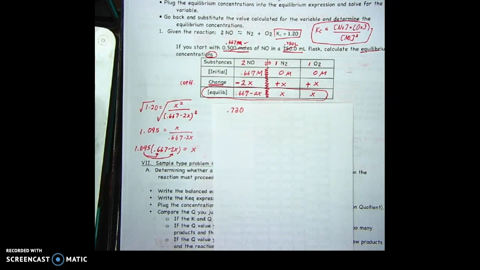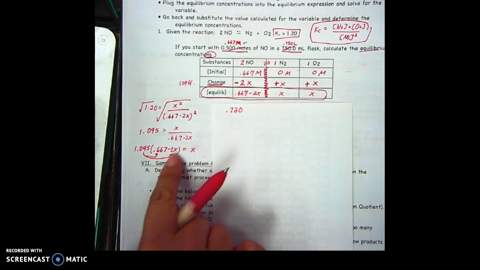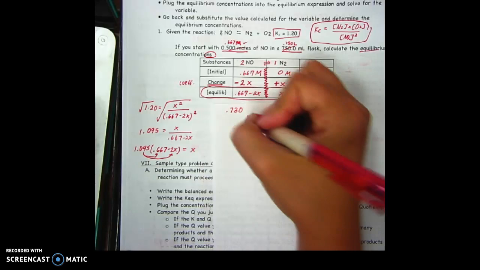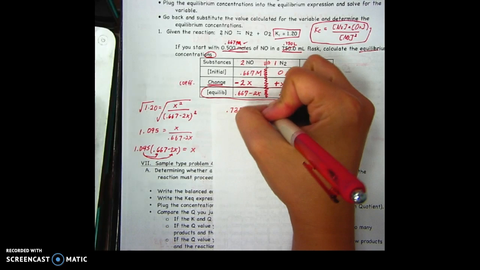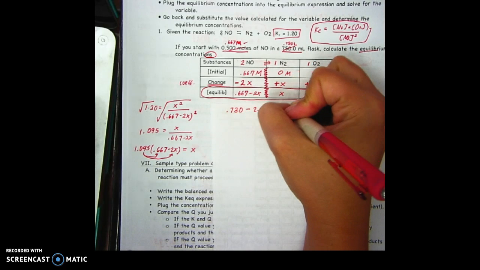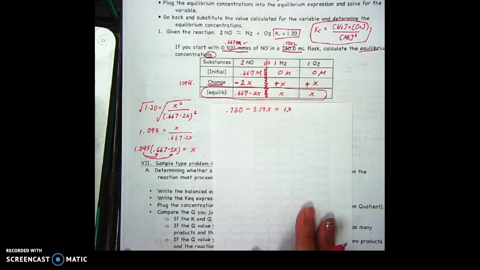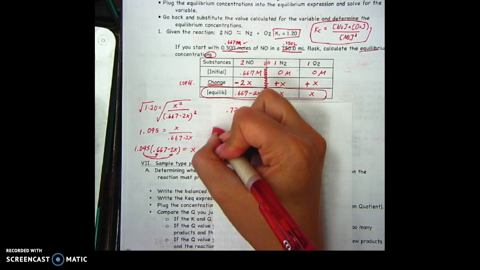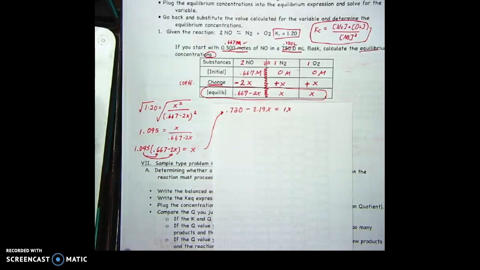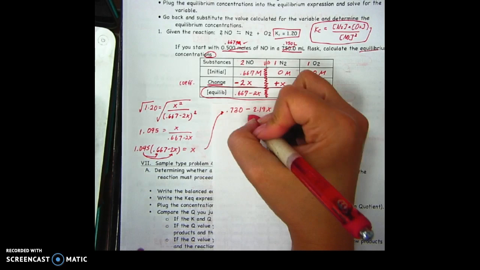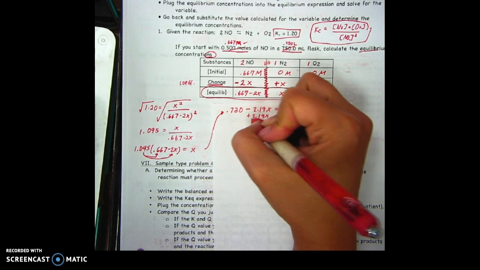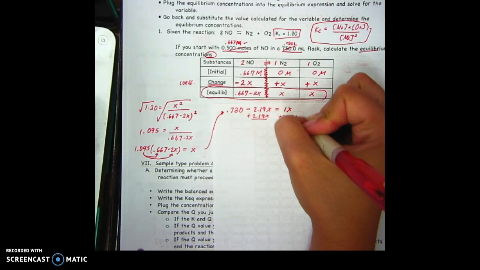And then you have -2 times 1.095. So I'm doing that part of the distribution. You end up with minus 2.19x, and it's equal to 1x over on the right side. So I'm just continuing all this out over here. Okay, so we're going to add our x's together. So I'm going to add 2.19x here.